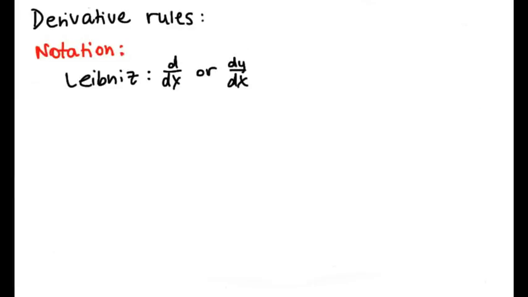So this is a differential. Leibniz notation can be considered a fraction of two differentials, and we'll get into more of that in the coming videos. But this is the iconic calculus notation.